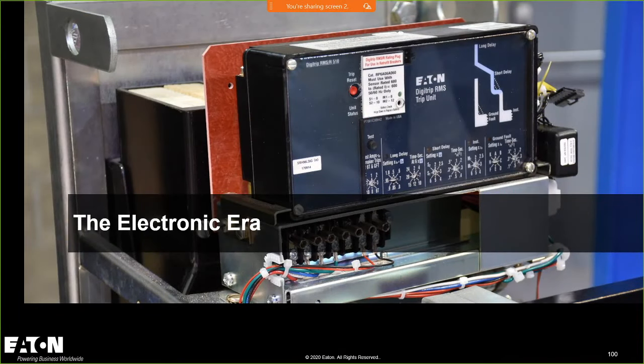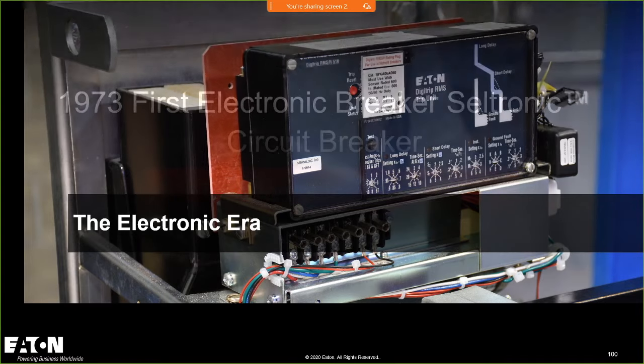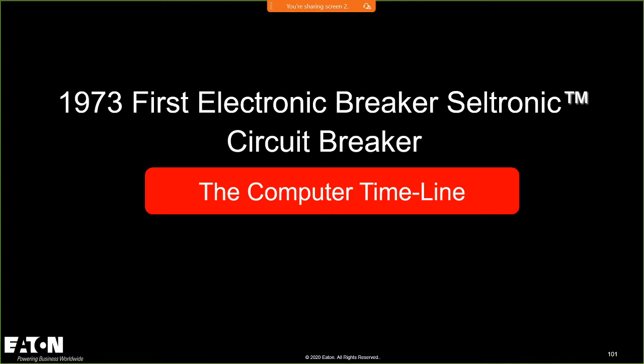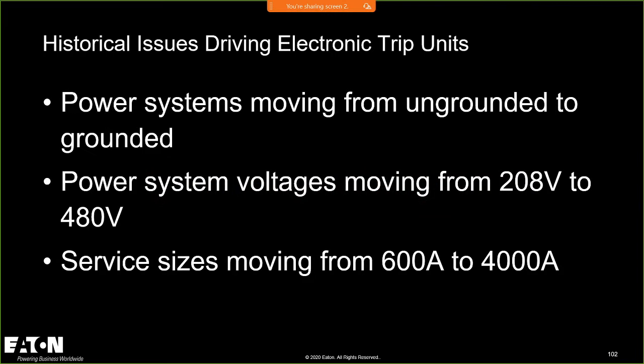And then all of a sudden, we came out with electronics. In 1973, the electronics breaker was put into the marketplace. You got to think about what was going on in the 70s and the size of computer rooms back then. So being able to put electronics inside of a small trip unit to operate a circuit breaker was huge.